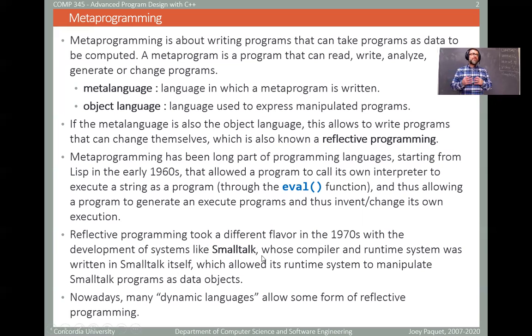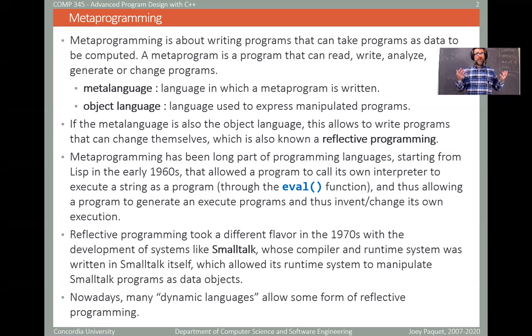Also, another flavor of this is there was a tendency in the 1970s and 80s to prove that a language was really useful. One of the things you could do is to implement the compiler and the runtime system of this language, that you use to execute and compile these programs, in the language itself.